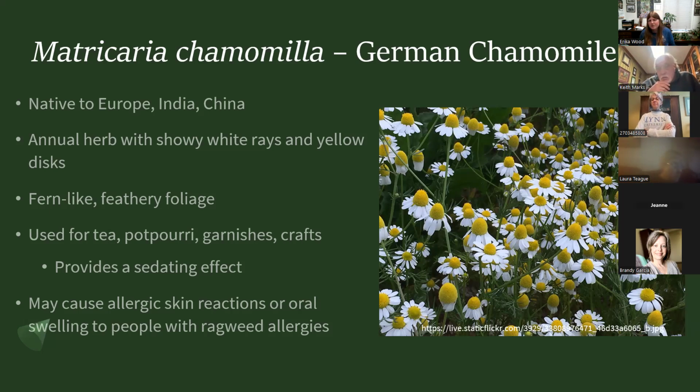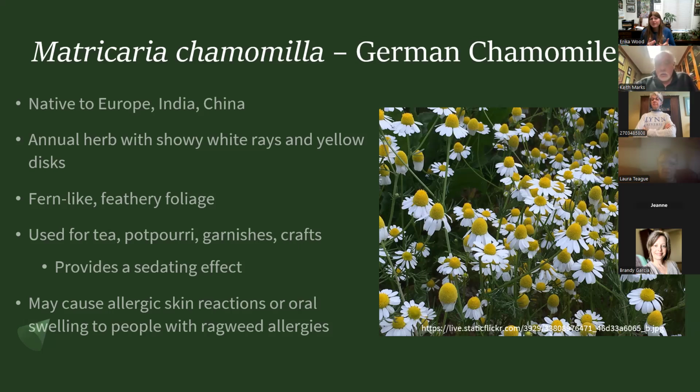It has those white ray florets with those yellow disc centers. Now we often will treat this one as an annual. So we're going to be planting it from seed, and then eventually it will die off come fall. Now, with chamomile, not only are the flowers showy, but I particularly like the foliage.